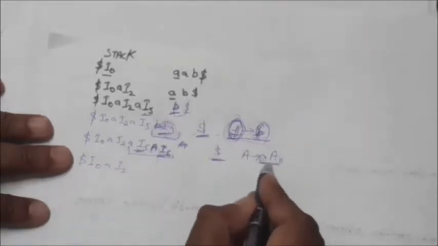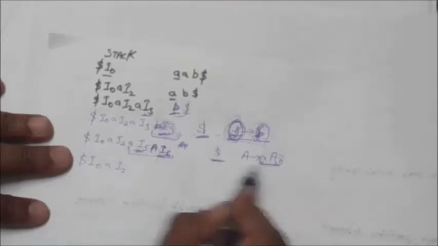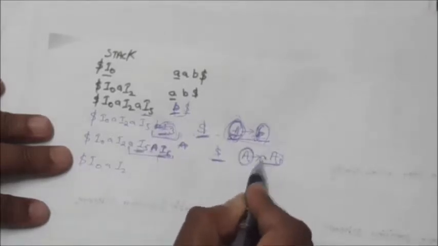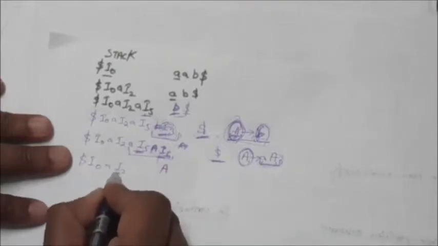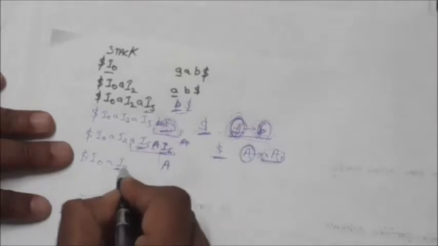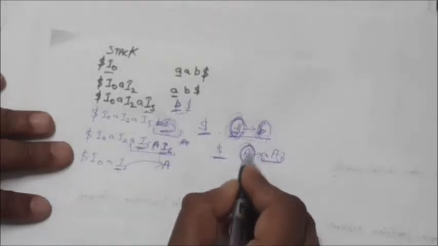Now what we need to do is the reduction. So this AA should be reduced by the left part of this production rule, that is A. Now at the top of stack we have the state I2. Now what will be the response of I2 for non-terminal symbol A?